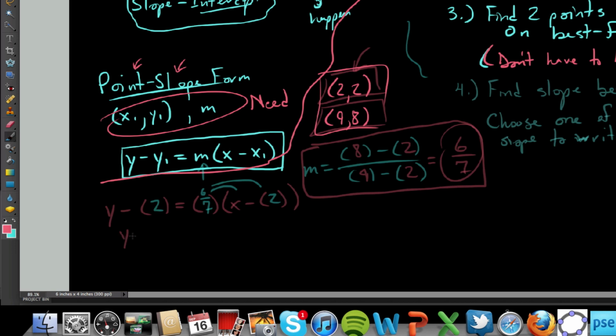We have y minus 2 equals 6/7 times x minus 12 sevenths. And the last thing we need to do is just add 2 to both sides here. So plus 2, and let's bring our work over here. Now we have just y on the left, equals 6 sevenths x.